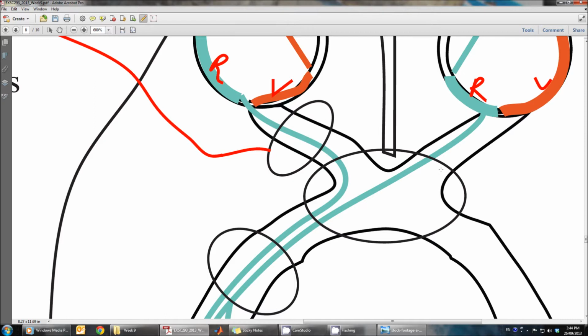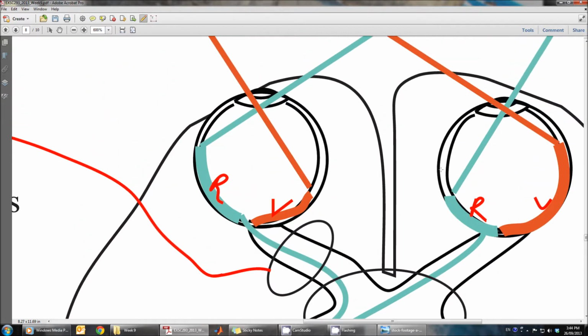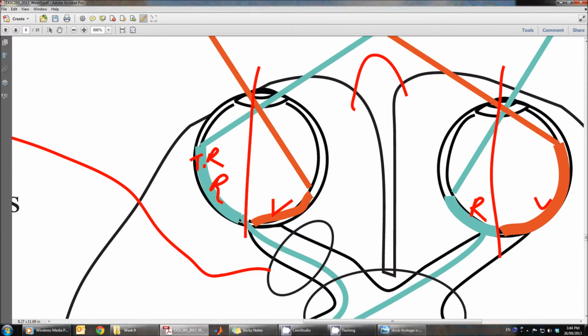So let's have a look at the nasal retina and temporal retina. If we divide the retina into two, you'll see on the left and right side of the eye, left eye, this side, which is close to the temporal bone, that's the temporal retina, and the other half, which is medially located, close to the nose, that's our nasal retina.